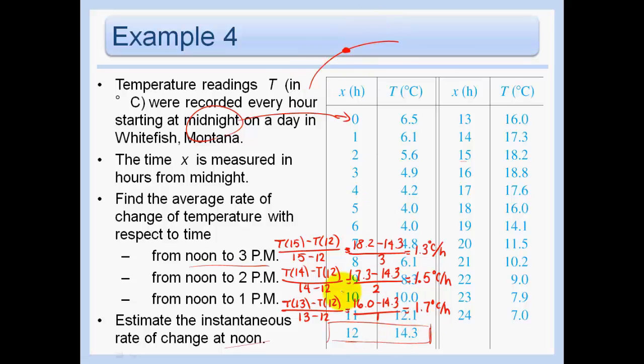By this table, I'm pretty much given the slope between any 2 points. How am I going to use this to approximate our tangent line? Say I'm given this slope here, okay?